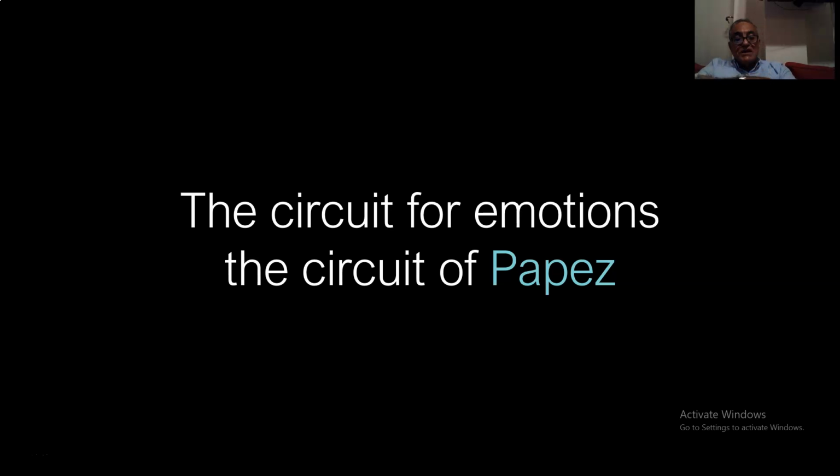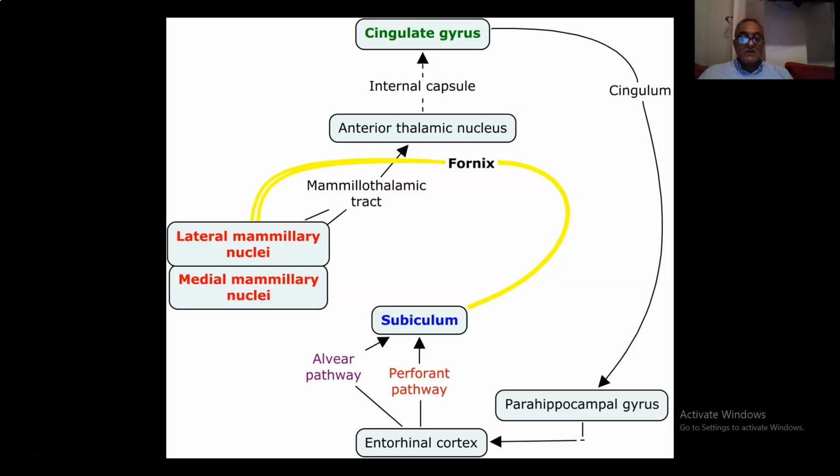Here we have to mention again the circuit for emotions, or the circuit of Papez, which is one of the important bases of psychosurgery. As we said, we have the cingulate gyrus and the structure deep inside it, the cingulum. The parahippocampal gyrus, the structure deep to it is the hippocampus. From the hippocampus, we get the subiculum, and from the hippocampus, the fornix.